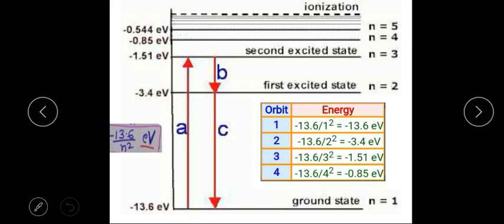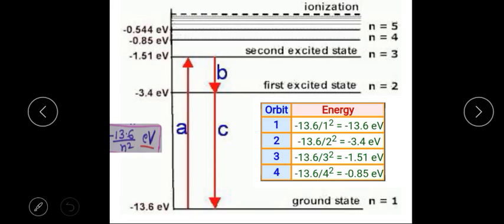So minus 13.6 divided by n square, 2 square is 4, so minus 13.6 divided by 4 is equal to minus 3.4 electron volt, right? So the energy of the electron in the second orbit, n is equal to 2, is minus 3.4 electron volt.